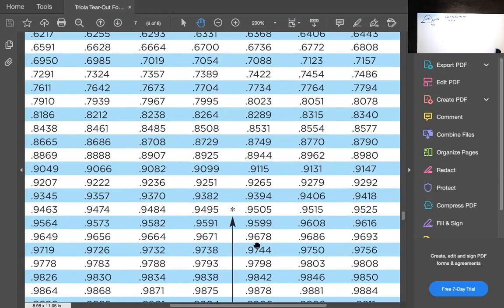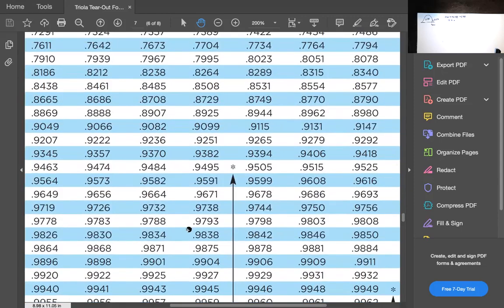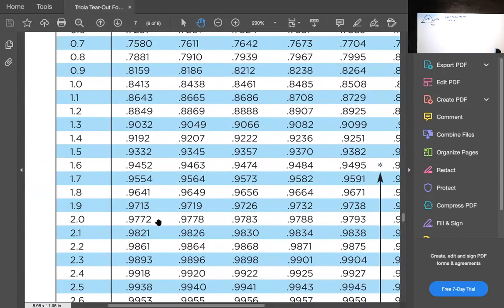Is that right? Make sure. Yes, 2.05. So z equals 2.05 according to table A2. That's one way of doing this.